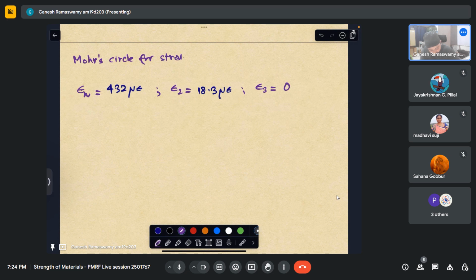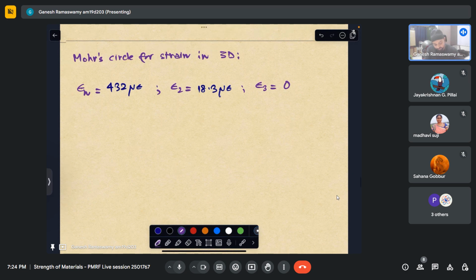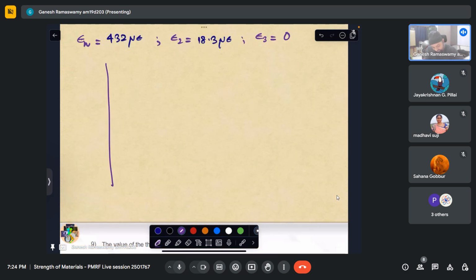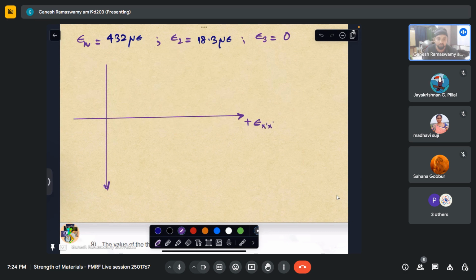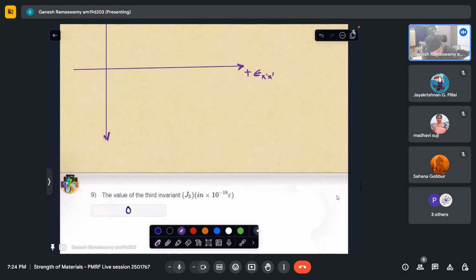In 3 dimensions. So how do we go about doing that? First, we will have the axis. So I know that this is plus epsilon x prime x prime, similar to my sigma x prime x prime. Only difference is this will be plus gamma x prime y prime by 2.